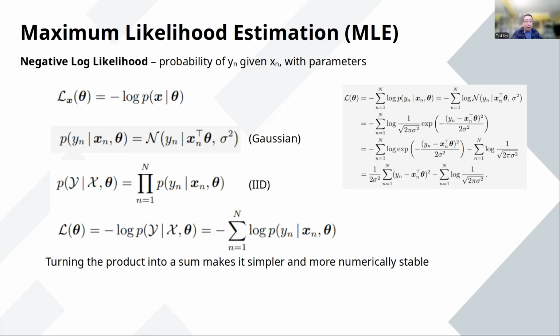If you had a 60-40 coin, maybe the likelihood of that particular output is 20%. And if you have a fair coin, the likelihood is maybe 23% or something like that.